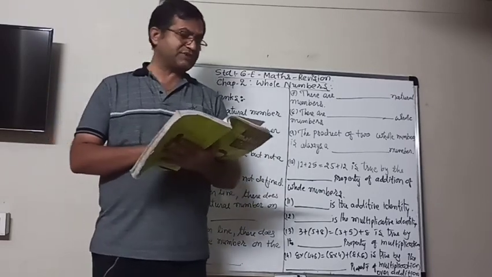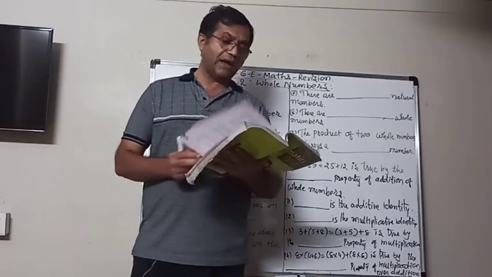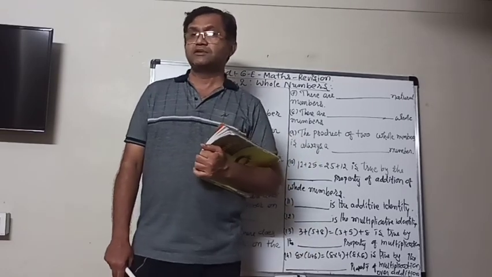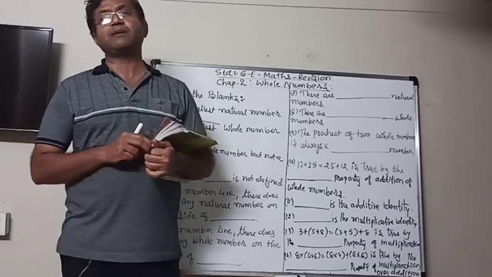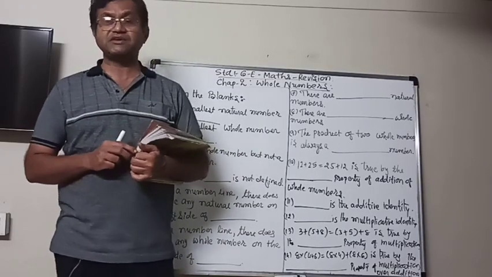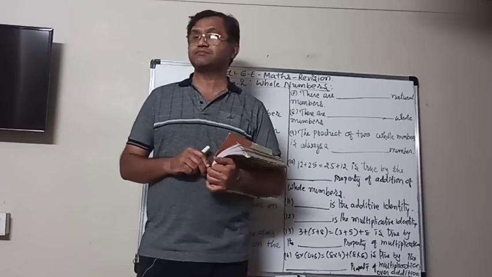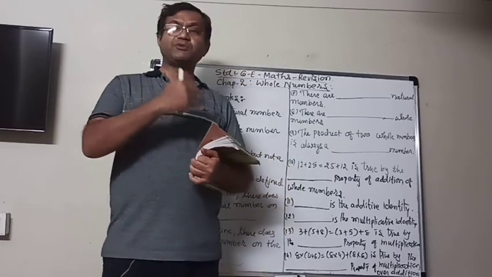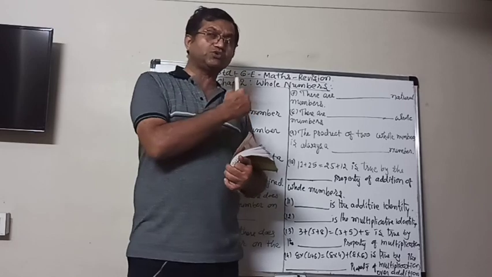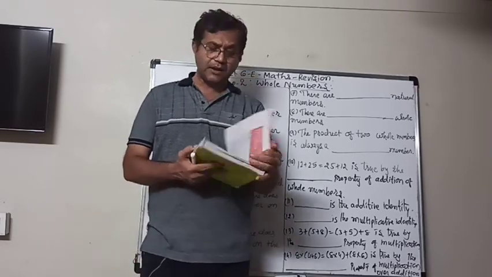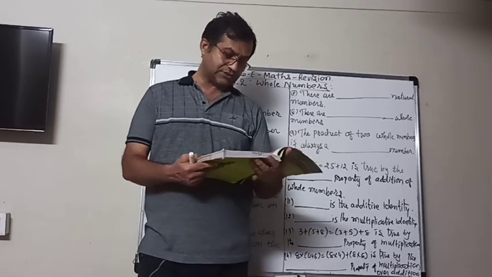The distance must be the same, and we know that on the number line, if two numbers are given, then the number on the right side is greater than the number on the left side. It means that as we proceed from 0 to the right side, the numbers are getting larger and larger.